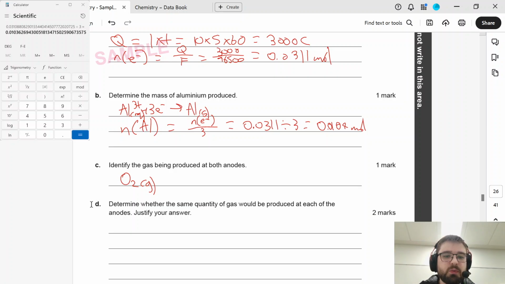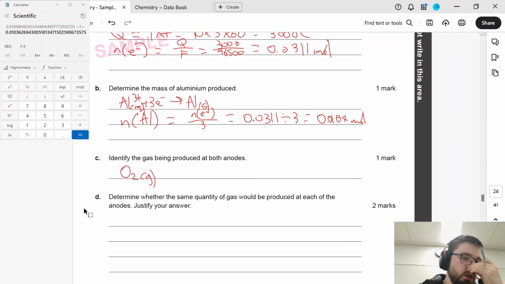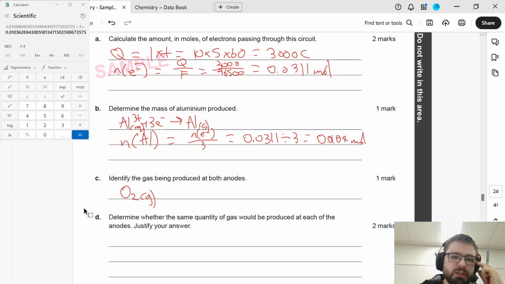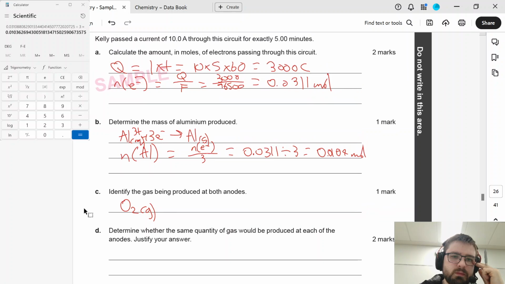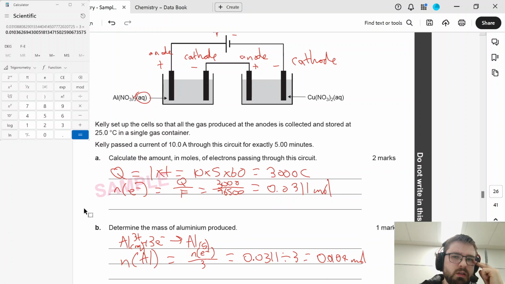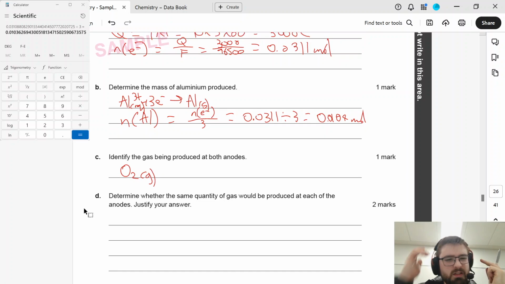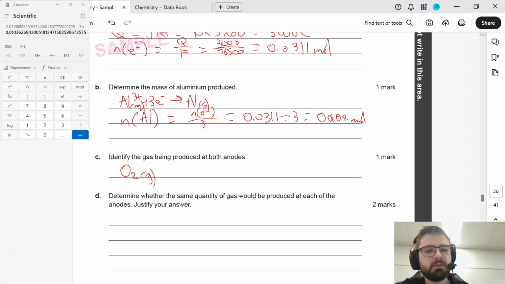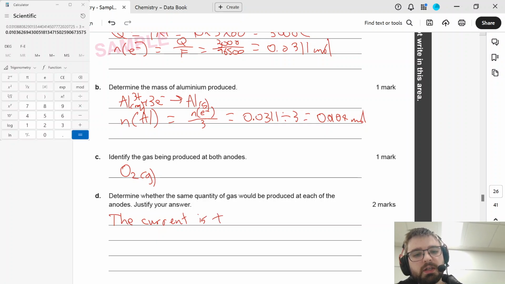Determine whether the same quantity of gas will be produced at each of the anodes. Justify your answer. I don't know how you determine that. The answer is yes. So this is just how circuits work. The current is the same at all points of the circuit.